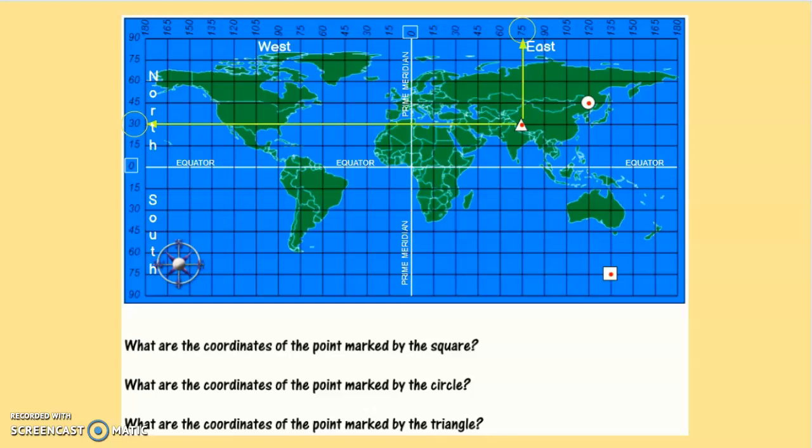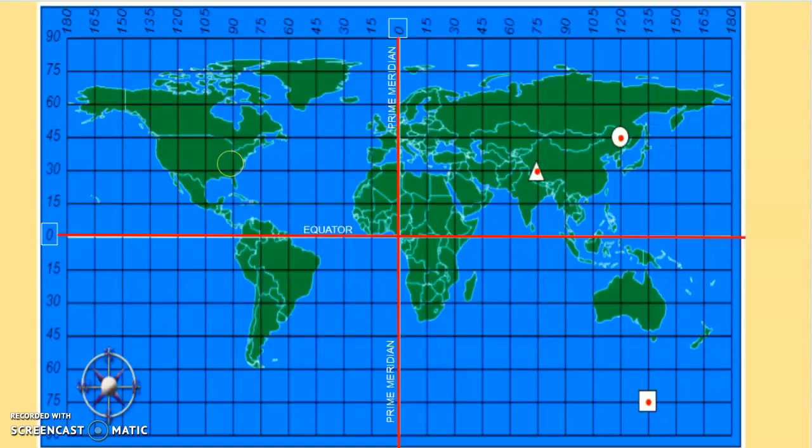Let's also look at the location of where we live here in Georgia. There it is. It's close to where this circle is located. Let's see if I can move it down just a little bit. We are close to where the lines cross right there.